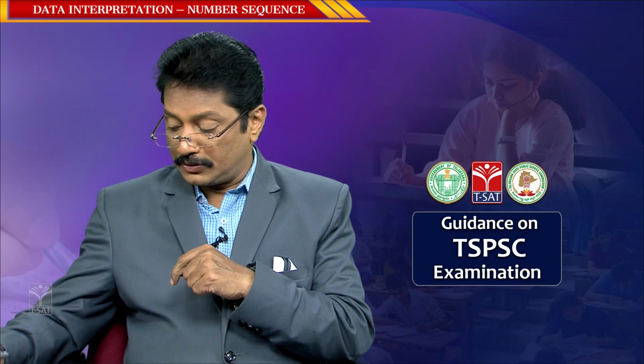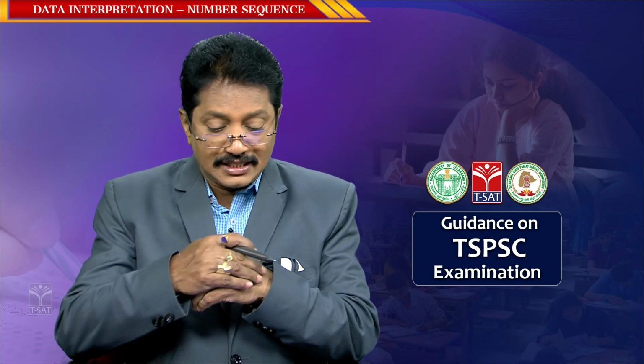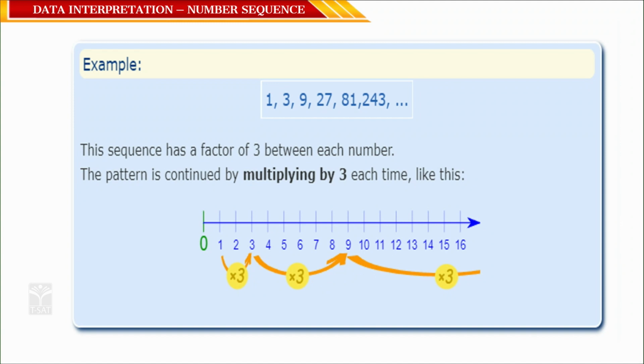Okay. Now, we will see this example: 1, 3, 9, 27, 81, 243. When you multiply 1 by 3, you get 3. When you multiply 3 by 3, you get 9. When you multiply 9 by 3, you get 27. When you multiply 27 by 3, you get 81.